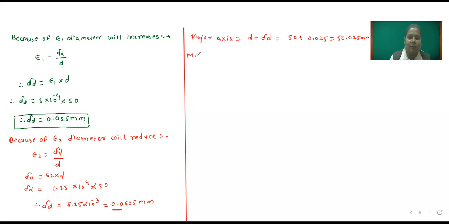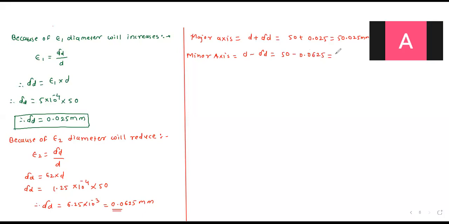In the same way we will find the minor axis. Minor axis is equal to original diameter minus change in diameter. So original diameter is 50 minus change in diameter 0.0625, which is equal to 49.99375 mm.